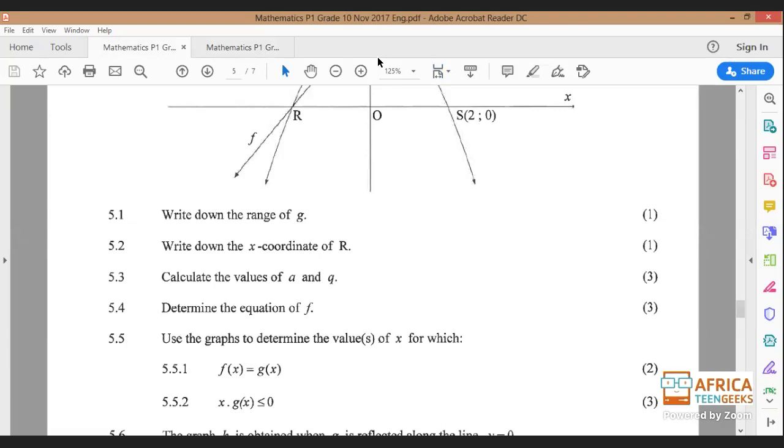I'm just going to give you 30 minutes while you are working on 5.1.1. Then we have to mark it together, boys and girls. If you've got the answer, let me know. I'll unmute you so that you can take us through. Okay, your 30 minutes starts now.